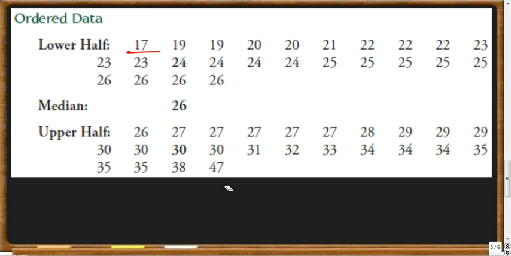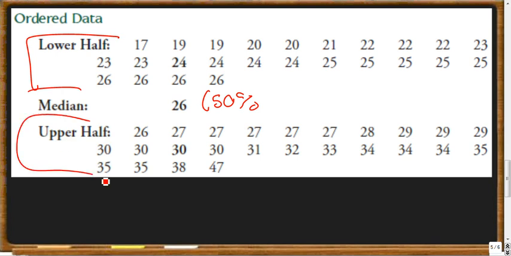Just so happens that because we have 51 observations, we do have a middle term. That is going to be our 26th term. Funny enough, the actual number is 26. That is our median, where 50% lie. Now we need to figure out the median of the lower half and the upper half.